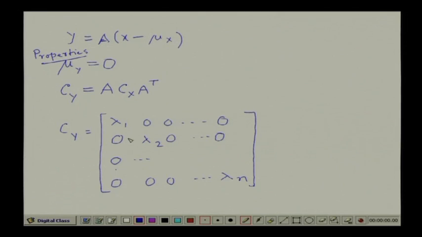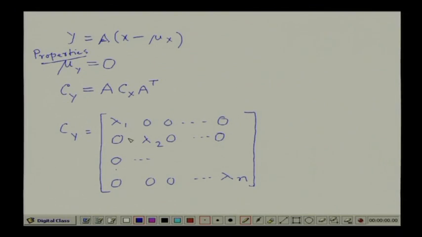We can obtain the covariance matrix C y from the covariance matrix C x and the transformation matrix A. The eigenvalues of C y are the same as the eigenvalues of C x, and as the off diagonal elements of C y are equal to 0, the different elements of the vector y are uncorrelated.